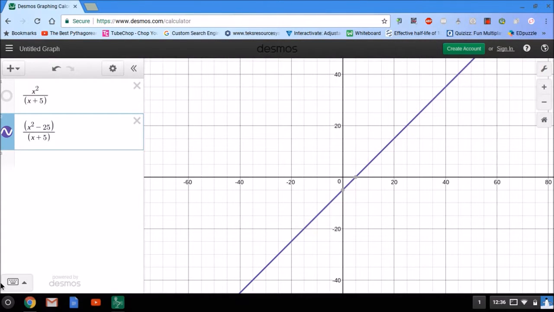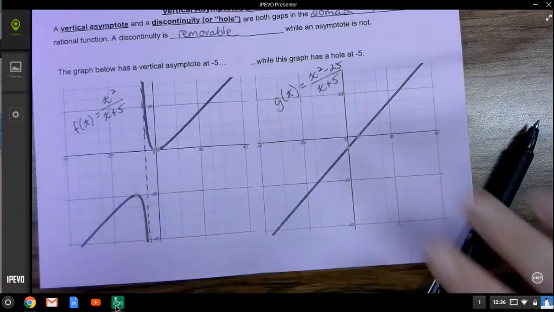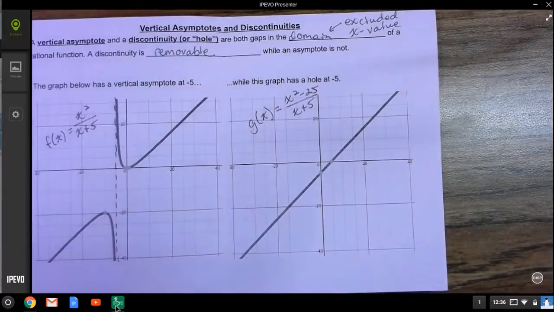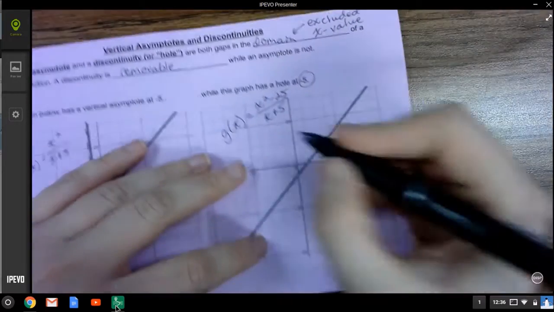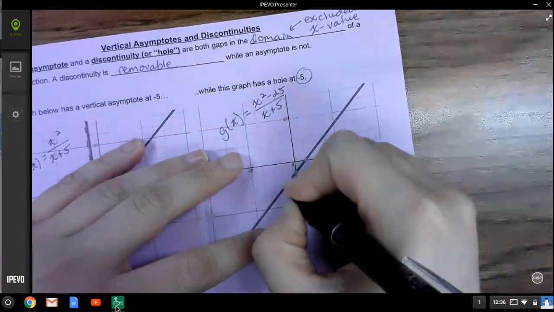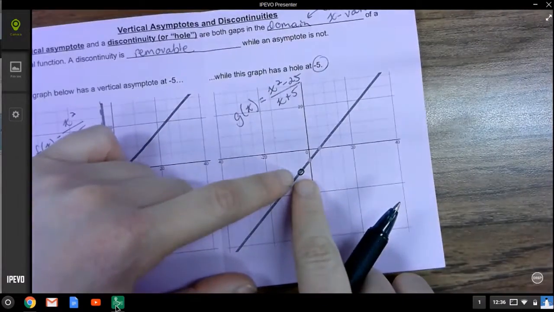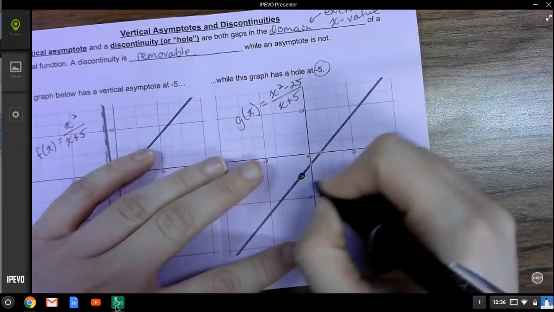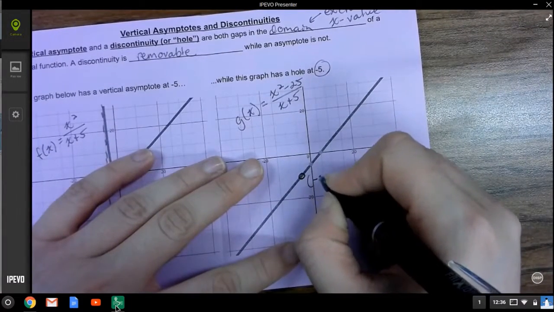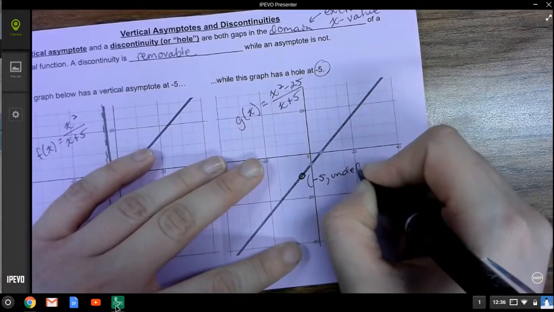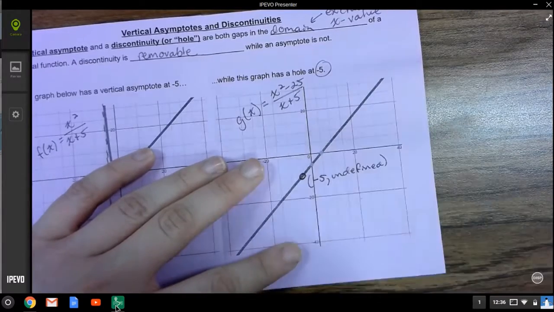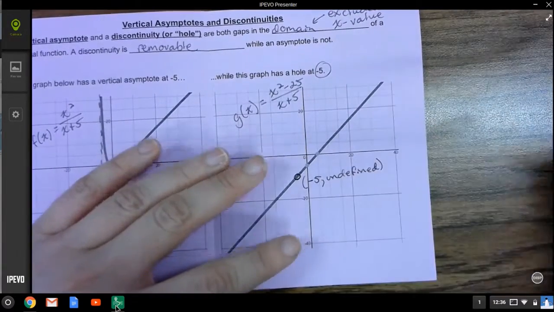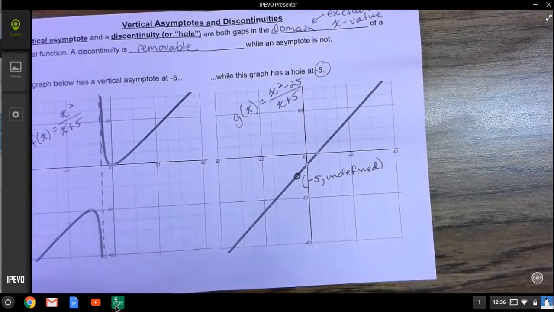So let me head back to my paper here. We know we have a hole at -5, and we know that when we got to the point -5, the graph in fact showed us an open circle, and the point was listed as -5 undefined. That means there's no y value there. It means that point doesn't actually exist, even though the graph shows you a solid line.